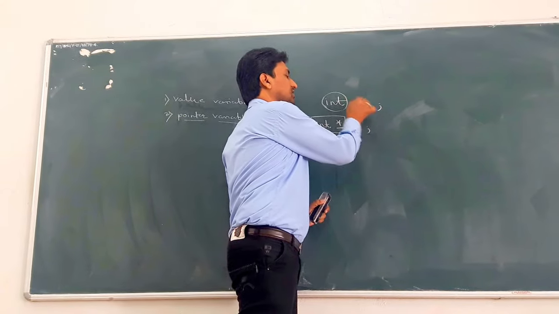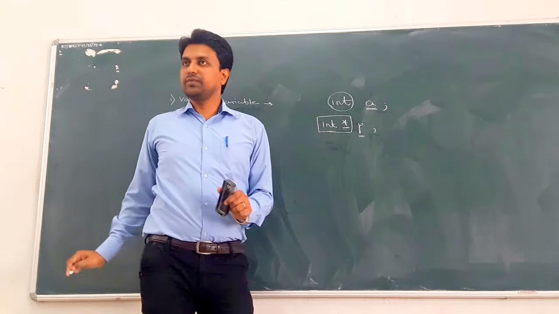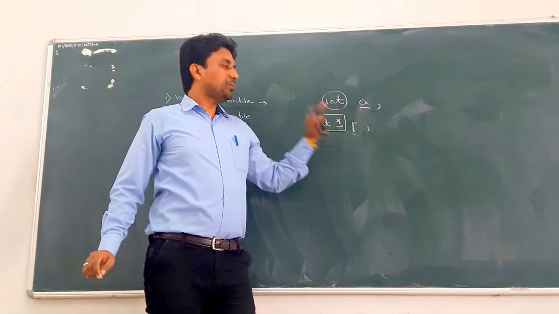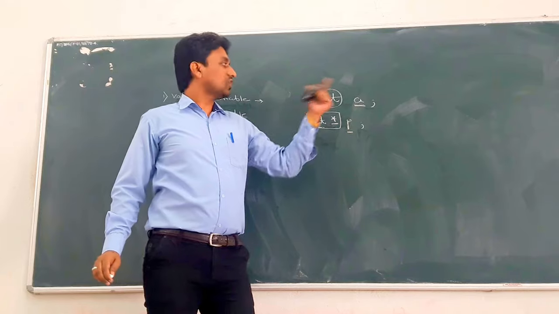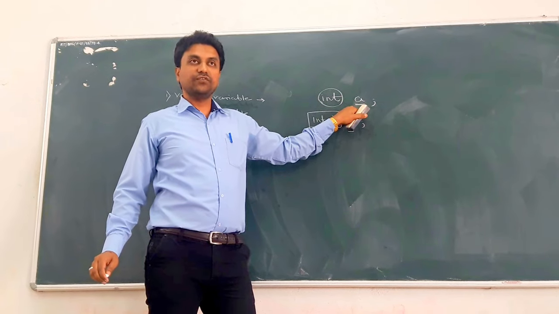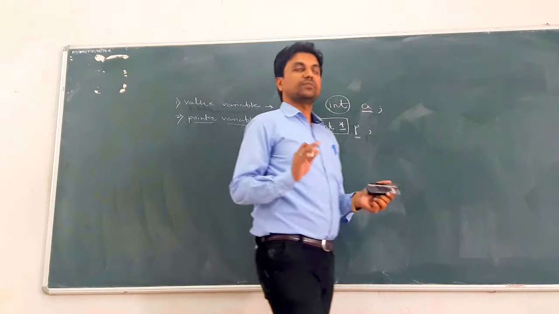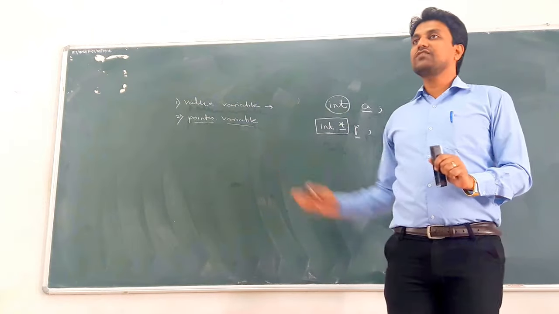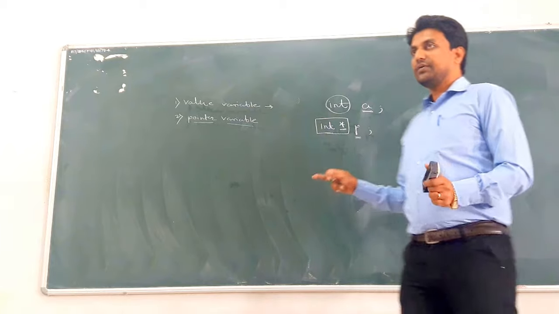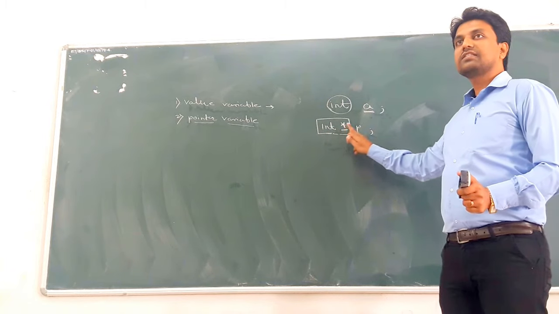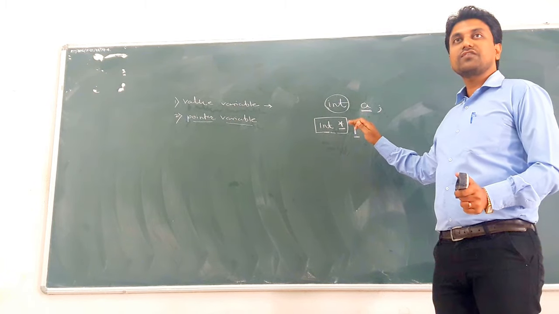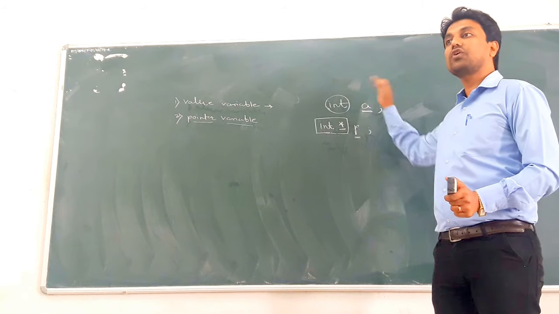Suppose a is an integer value variable; in p we can store the address of a. This is the use of pointers. If the pointer is a float pointer, then it stores the address of another float value variable.